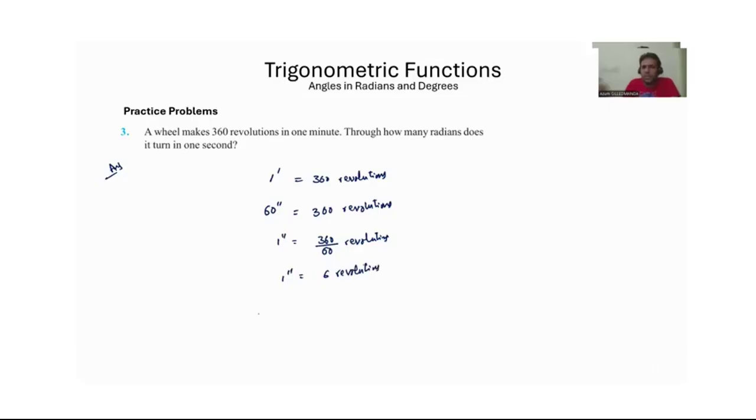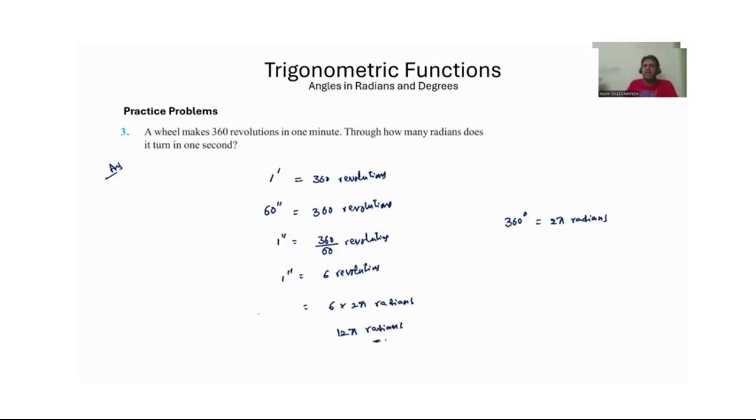You following, guys? So that means in 1 second, it's basically making 6 revolutions. For one revolution, what is the radians? One revolution is nothing but 360 degrees, right? So 360 degrees is 2 pi radians. So how many revolutions is it making? 6 revolutions. So 6 into 2 pi radians, so I can say 12 pi radians.